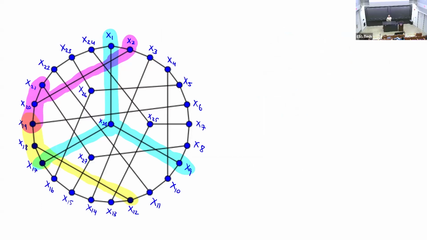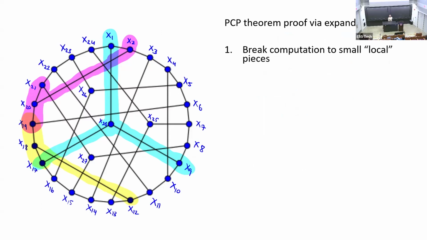So basically, this is a proof that proves the PCP theorem using expander graphs. And the whole point of this sequence of results was to show you how expanders appear in these maybe unexpected places. So the idea was you take this graph and you break it into small pieces.